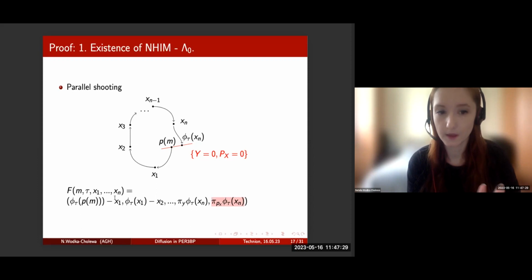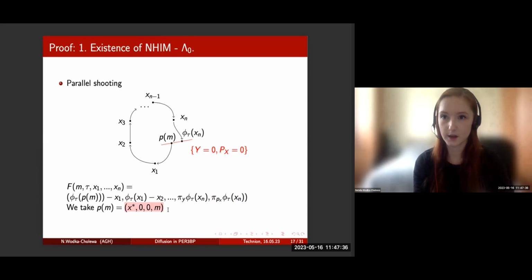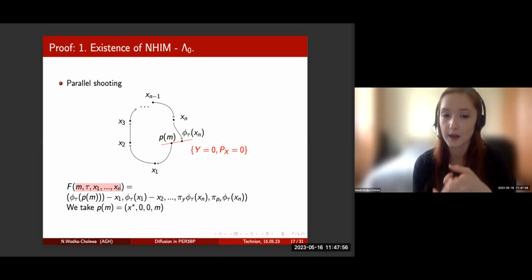Okay, and I will say what P of m is. We take P of m as a starting point, our value x star. So this is the place, and m will be a small parameter that I will have to determine. So this is the thing I'm looking for in my method. I'm trying to find 0 of that function, so that value m and the time between points and all the points.